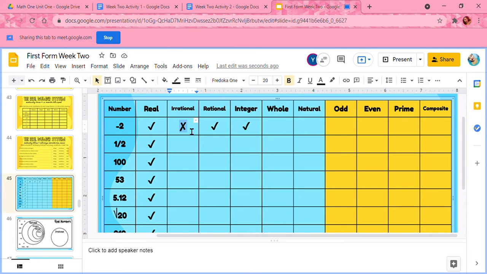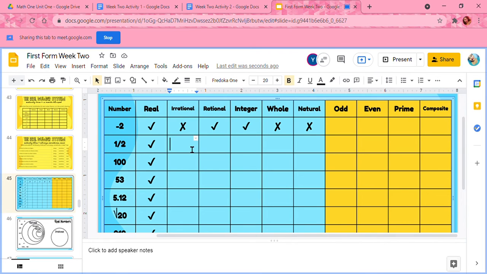No, it's not a whole number, so I'm going to put an X. How about a natural number? Do we count with -2? No, it's not. Very good. And we have finished the first one.